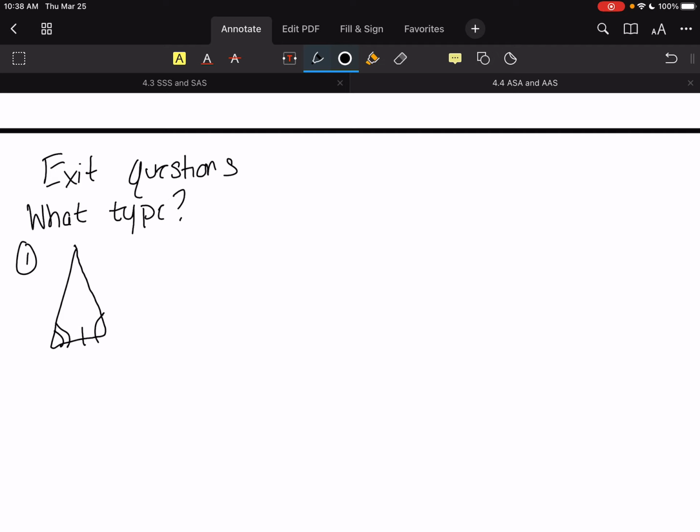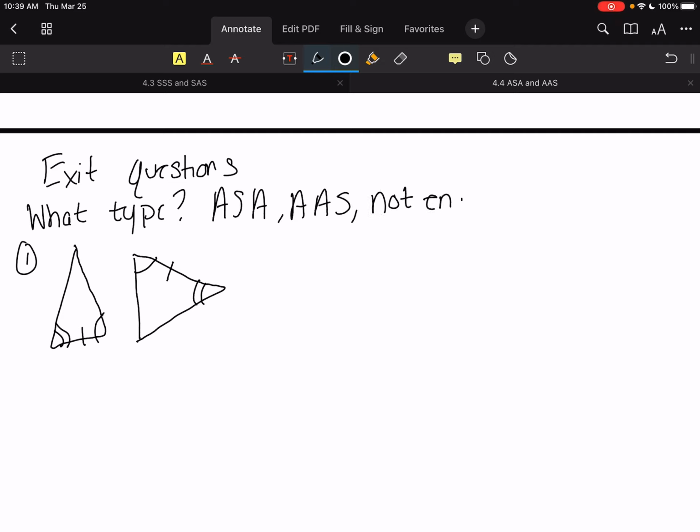My triangles always tend to look the same, no matter how hard I try to draw them different. You're going to choose angle, side, angle, angle, angle, side, or not enough info. So 2 is going to be this picture.